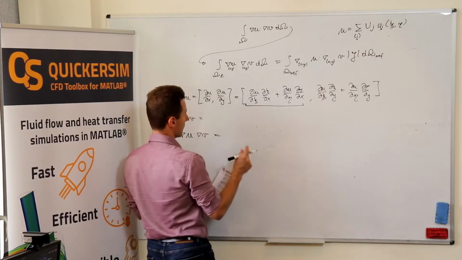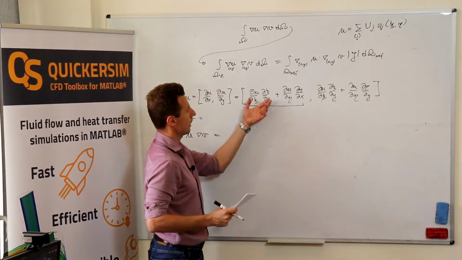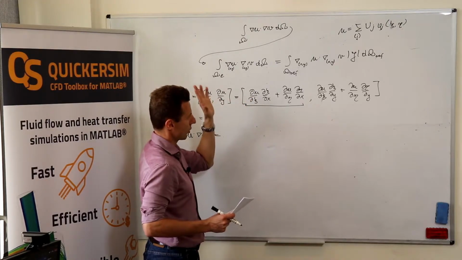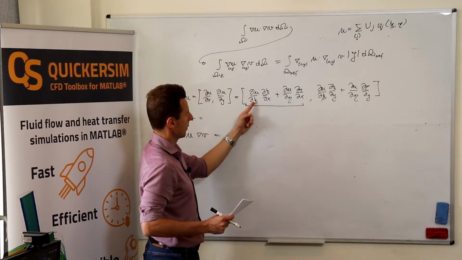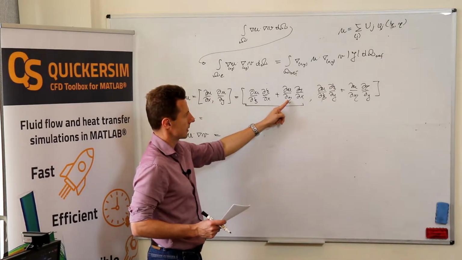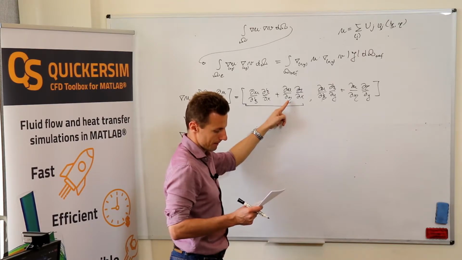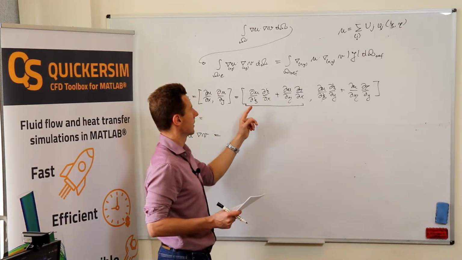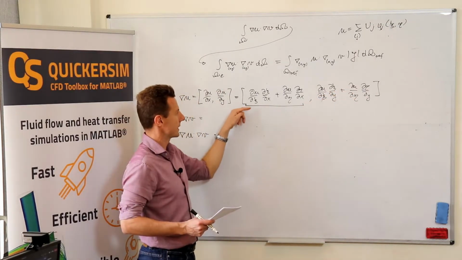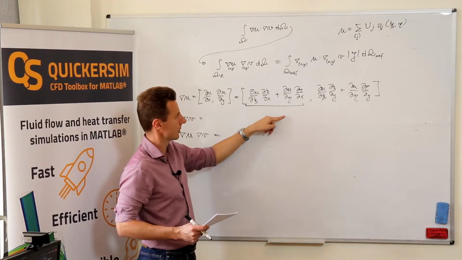If you multiply these terms, you will always have 4 different terms: du with respect to d psi, derivative with respect to d eta, and then, here it's repeated, dv with respect to d psi and dv with respect to d eta.